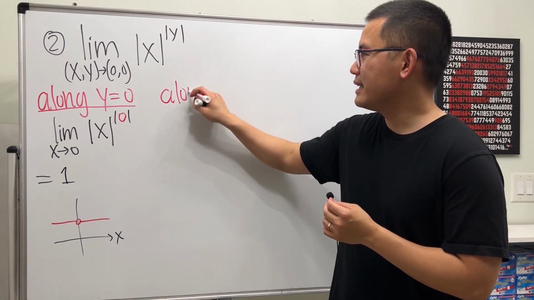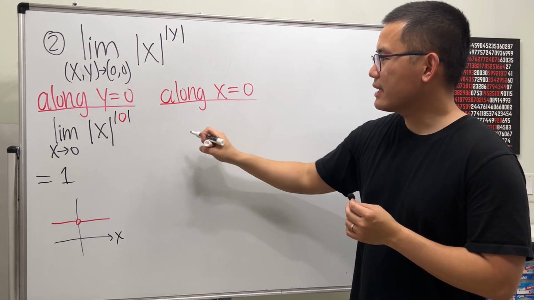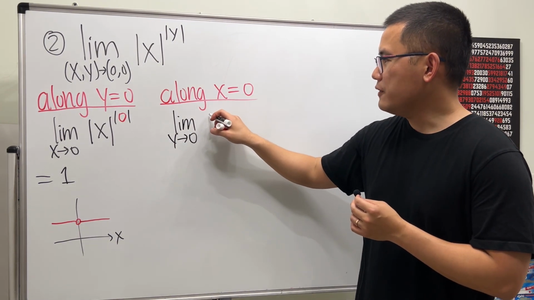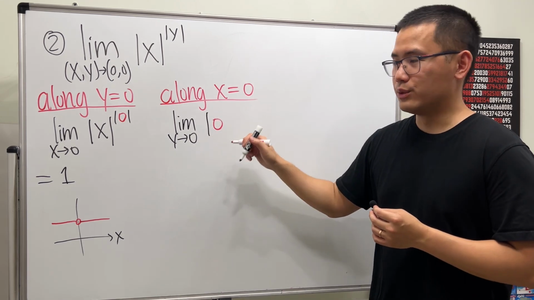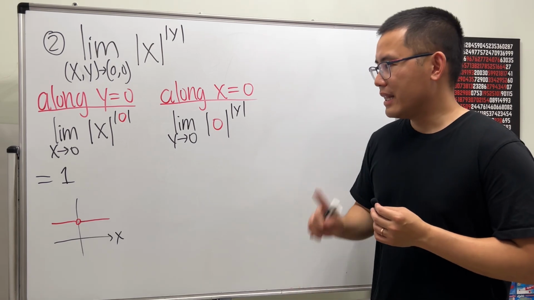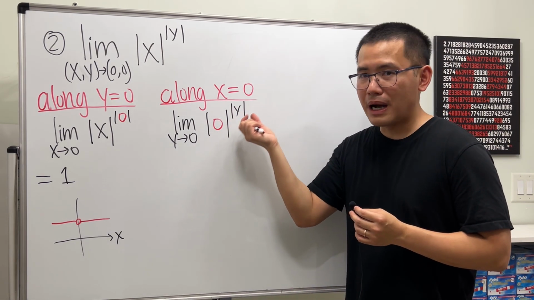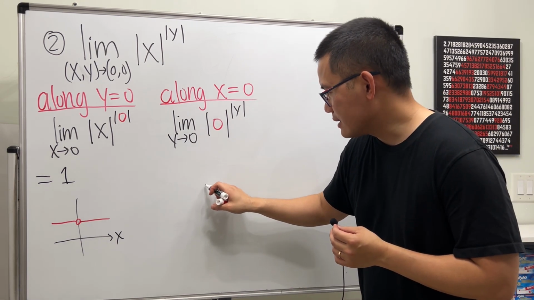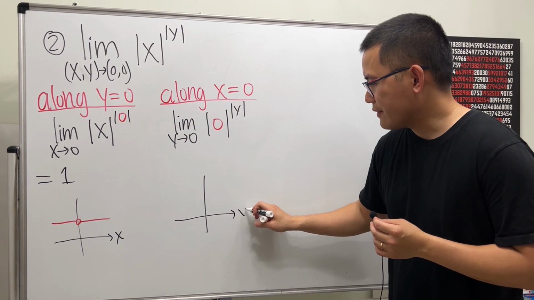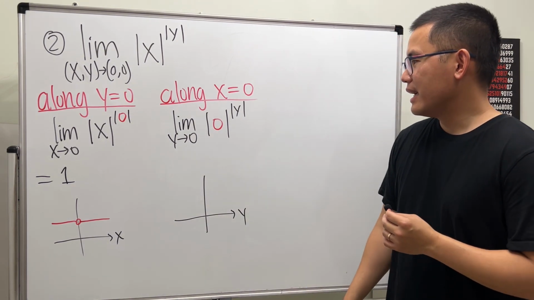So it's like what we did back in Calc 1. Now, try the other path. Along x is equal to 0. Then in that case, we're looking at the limit as y approaching 0 of absolute value of 0 raised to the absolute value of y's power. Now, the base is 0 to a positive power. So if you look at the graph for this, this is the y-axis and this is just the output.